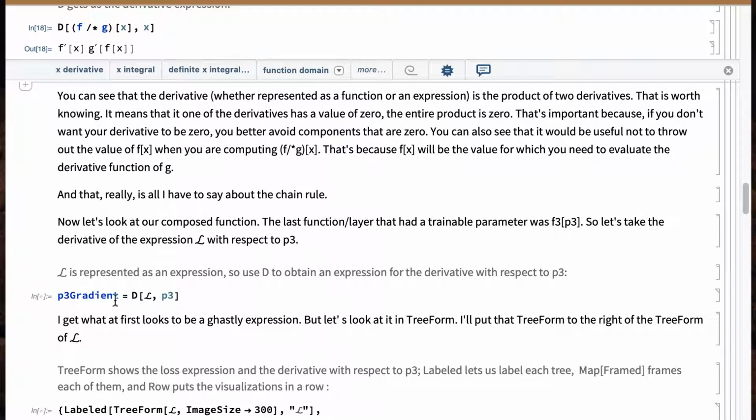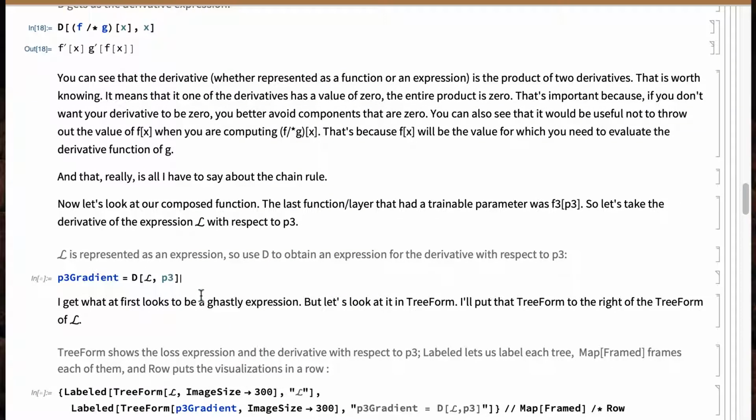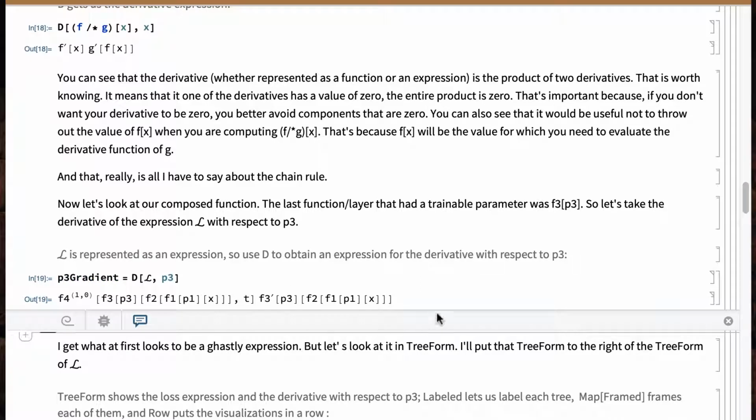And that's going to give me something I'm going to call P3 gradient. And I'm being a little casual in using gradient and derivative. For the purposes of this video, they're essentially synonymous. All right. And we get something that looks horrifying. Good thing I told you what that meant, right? But we've got this monstrous thing here. It's actually a product again, isn't it?